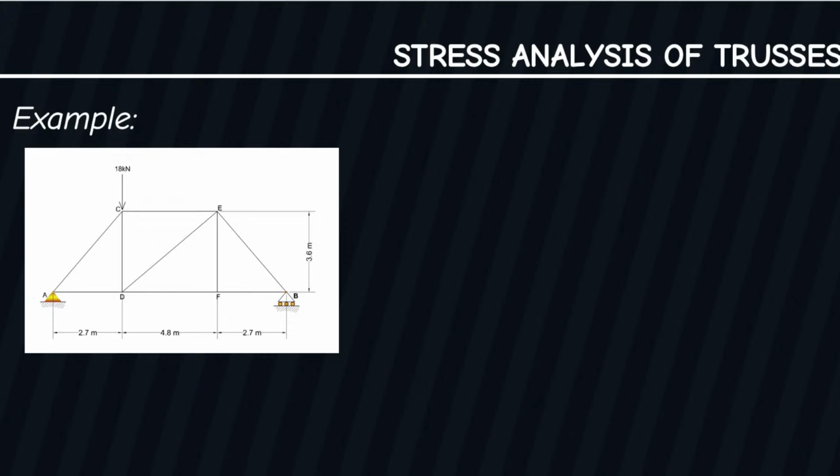And by the way, the joint and section methods are algebraic methods, because we are solving using algebra to find the stresses. We also have graphic methods, but they are more tedious.